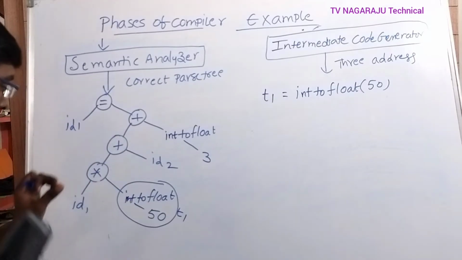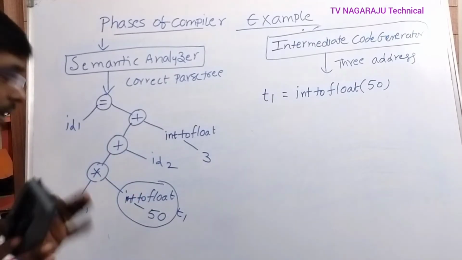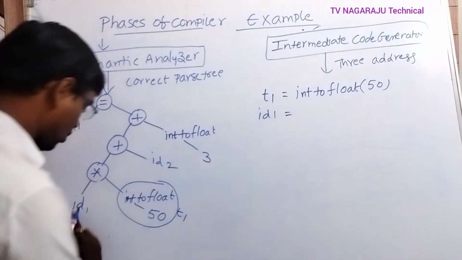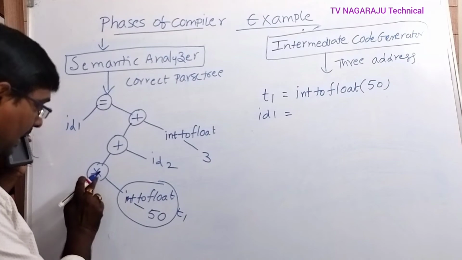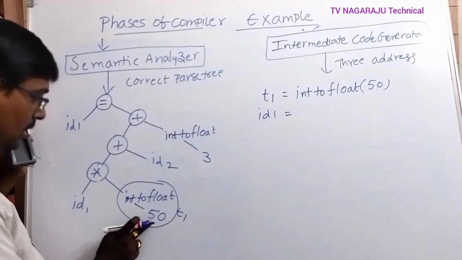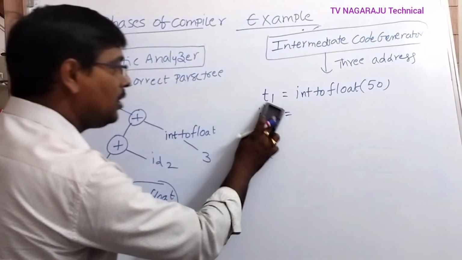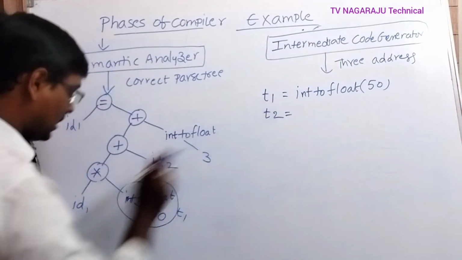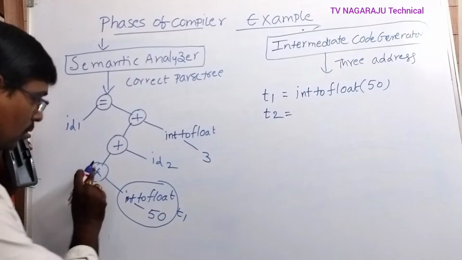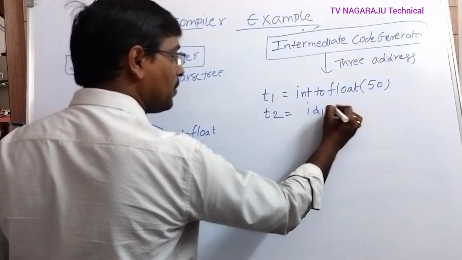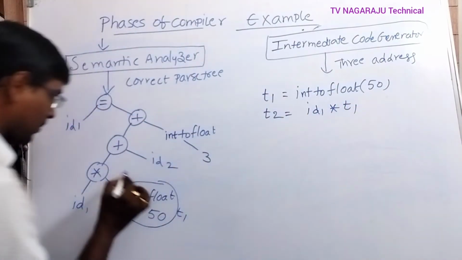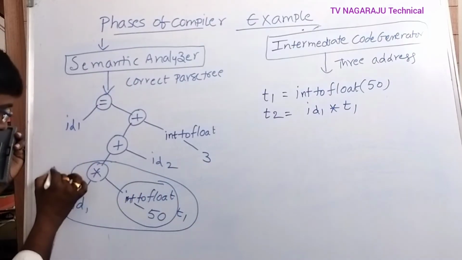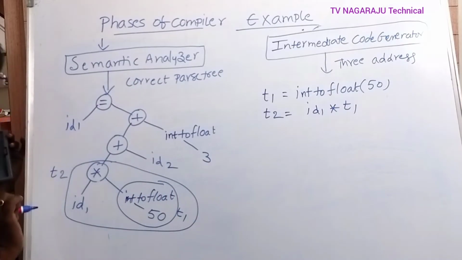Here you can use a temporary variable to store the result. t2 is equal to id1 into t1. That is, this entire thing is completed, and the result is stored in t2.